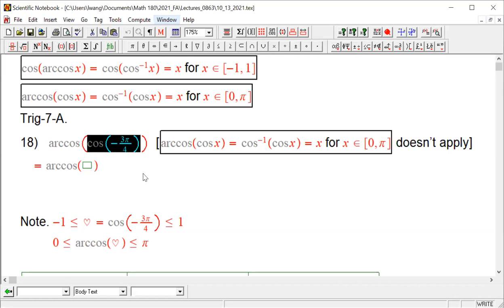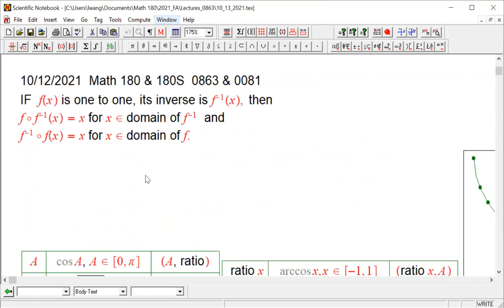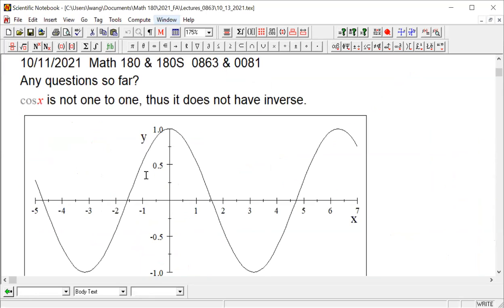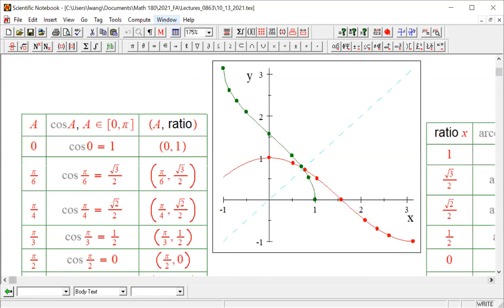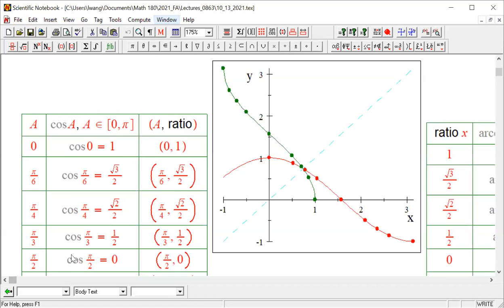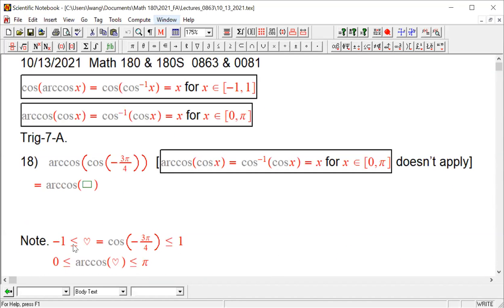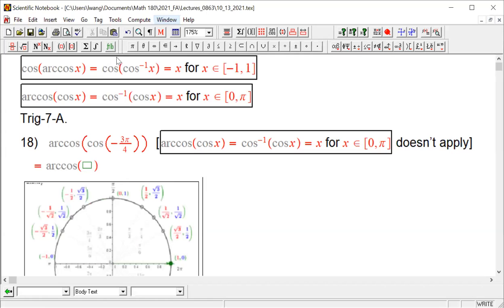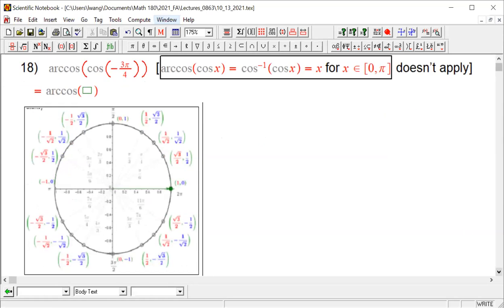Cosine of -3 pi over 4. If you're good at using the unit circle, use the unit circle. If you feel rusty about using the unit circle, just use the rectangular system and measure the angle. I'm doing ARD again.